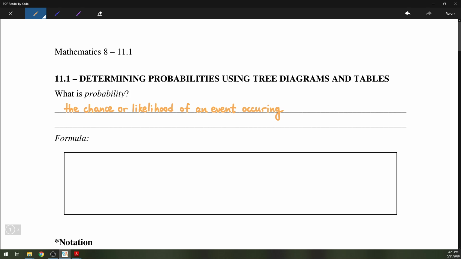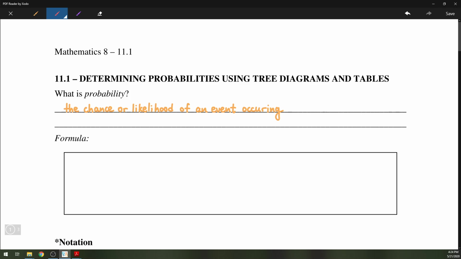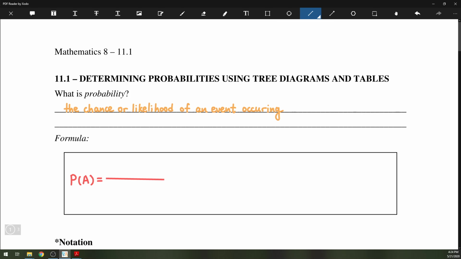Okay, so there is a formula that we associate with probability, specifically theoretical probability, which is that the probability of an event A is equal to the number of favorable outcomes divided by the total number of outcomes.